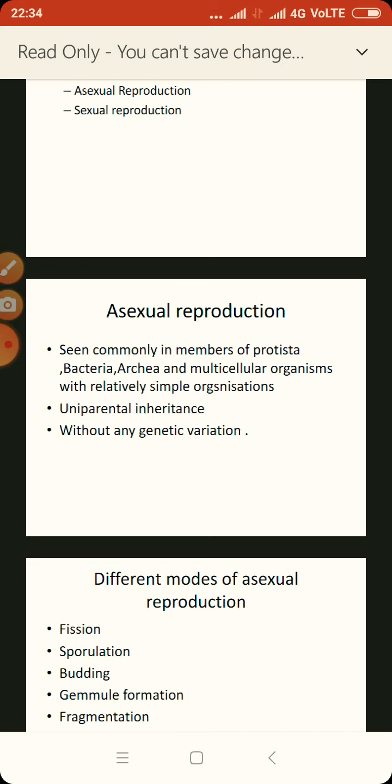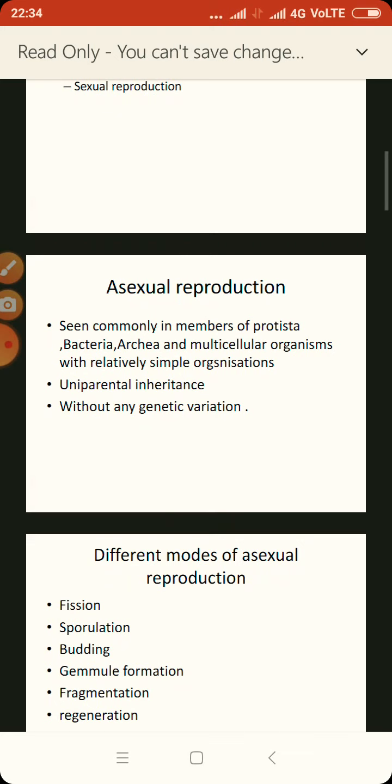I said before that mostly asexual reproduction takes place in unicellular organisms. But in the examples we say that it also occurs in multicellular organisms. But which type of multicellular organisms? Those having relatively simple organizations, so the body organs are not that complex. In such organisms we see asexual reproduction.